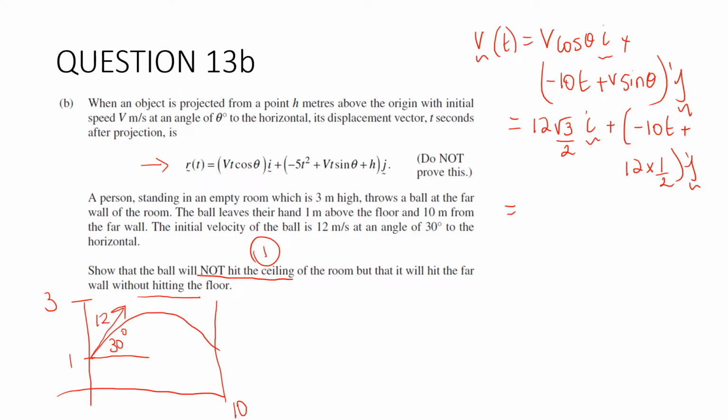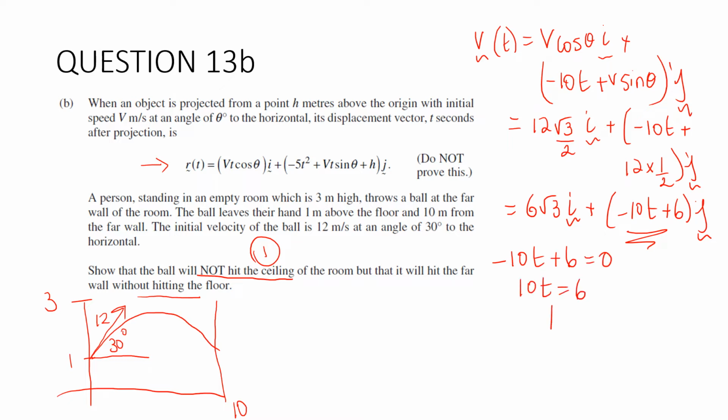Tidying it up, 6 root 3 i plus negative 10t plus 6 j. So we need to work out when this is equal to 0. So negative 10t plus 6 is equal to 0. 10t is equal to 6. t is equal to 0.6.